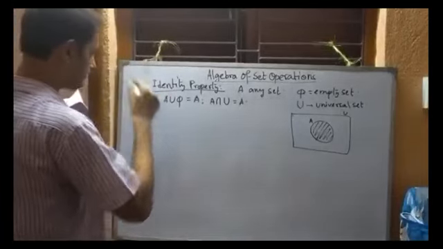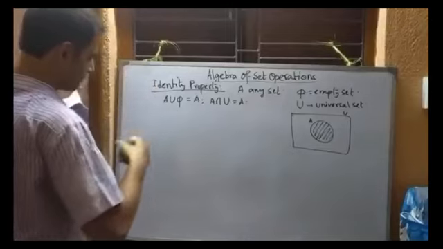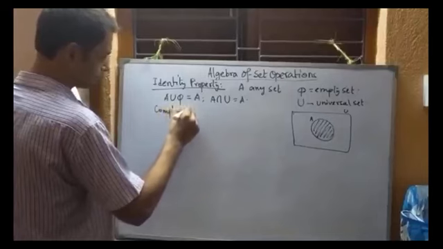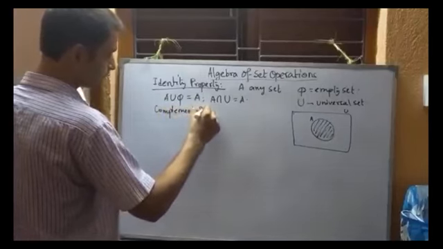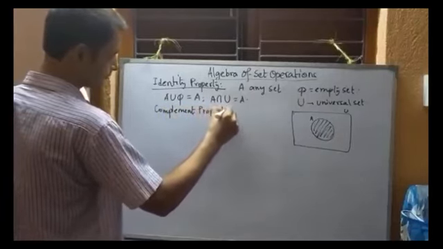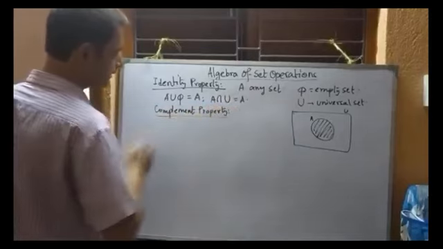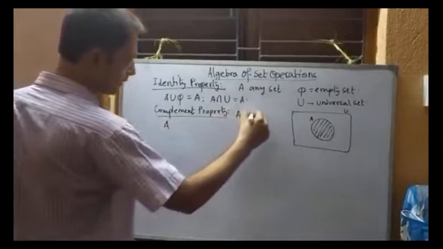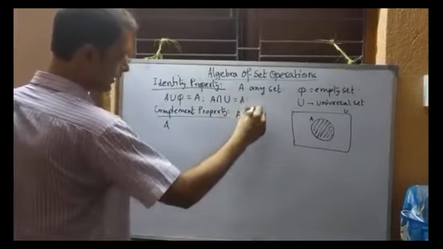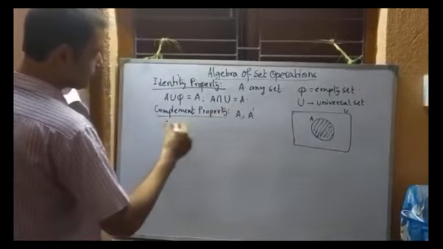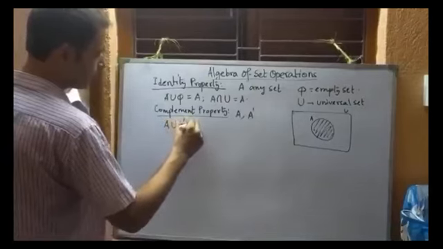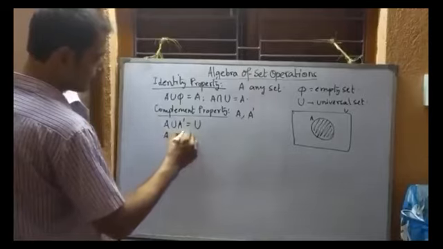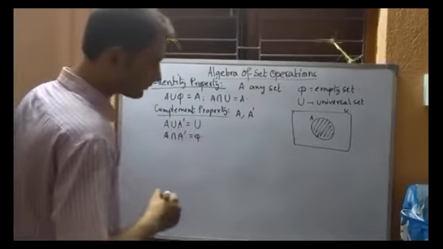Next one is called the property for complement. It says if you take any set A and its complement A dash, then we will get these two properties: A union A complement will be the universal set and A intersection A complement will be the empty set.